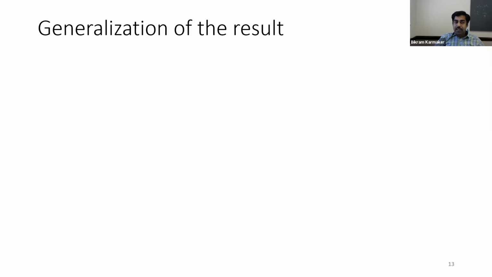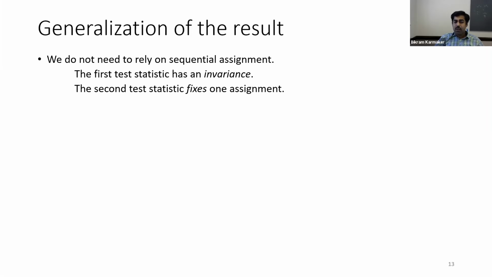The result can be generalized to a considerable extent so that it can be useful for our purpose. For example, we do not need to think about just a sequential assignment. What is needed, and I won't expand on it, is that one test statistic needs to be invariant under something and the other test statistic needs to be fixed under something.